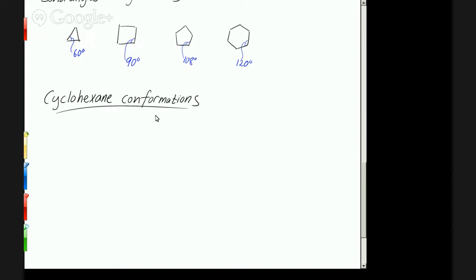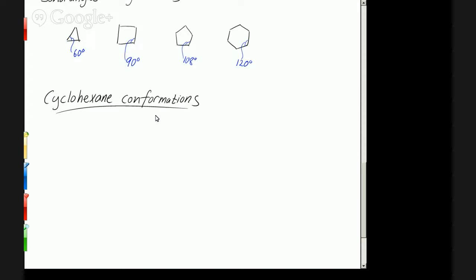Okay, can we look at that? So you see how there's kind of this up, down, alternating around the ring? Let's look at a couple things about this before we try to draw it. So first, you'll notice that each carbon has one hydrogen bond that's either going straight down or straight up, and then one that's kind of going off to the side at an angle, pointing out of the ring.